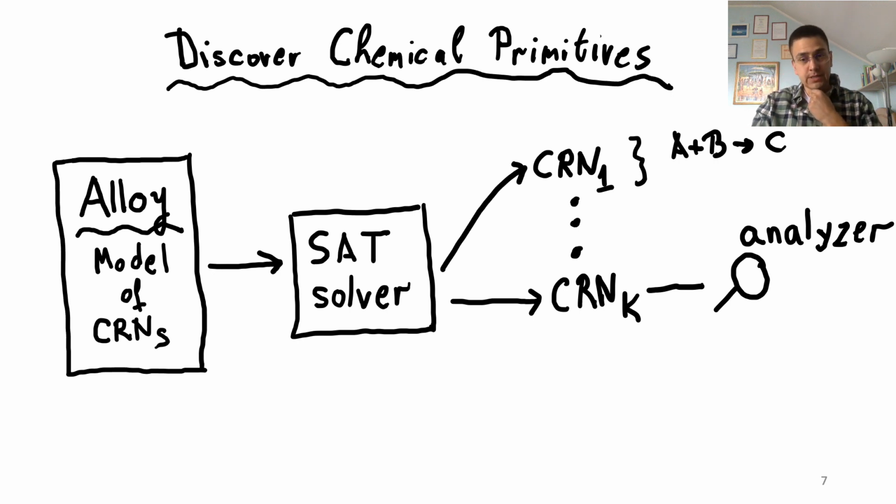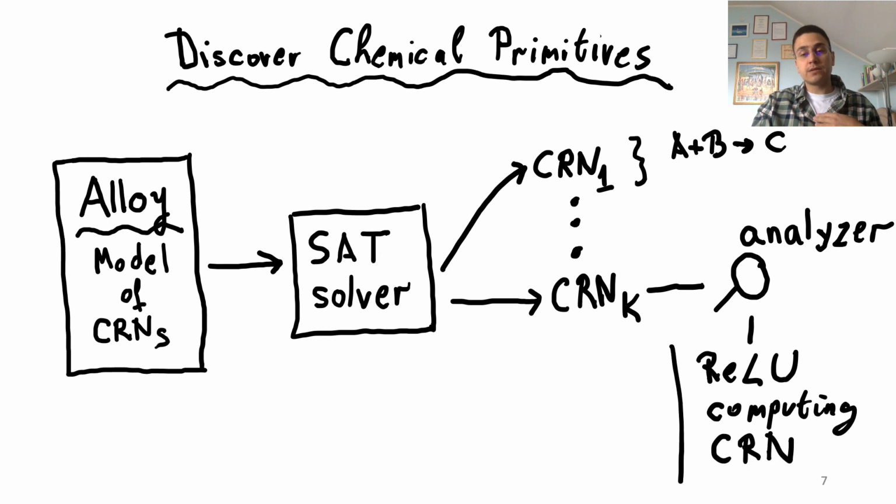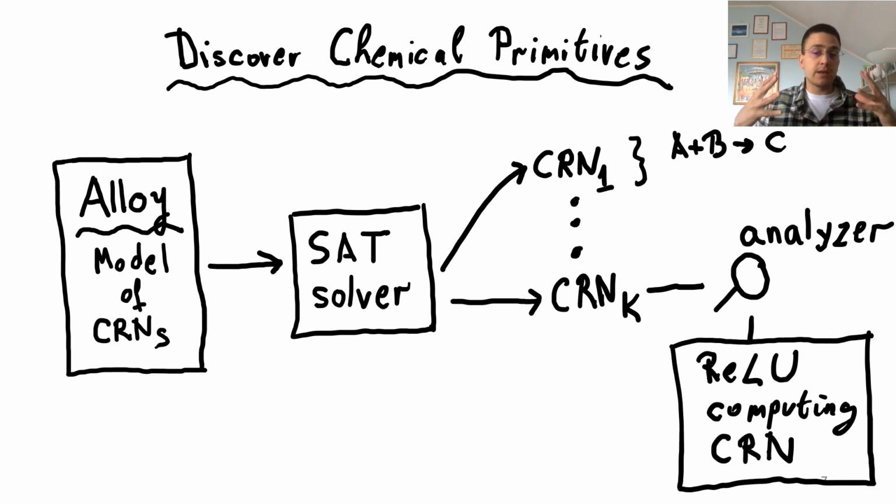So for all the CRNs we enumerated, we ran the analyzer and we found some interesting and novel CRNs, CRNs computing some intriguing functions. One such CRN that we found is a ReLU computing CRN. It computes a ReLU function, which is a default activation function in neural networks, and this appealed to us a lot because of the popularity of ReLU.